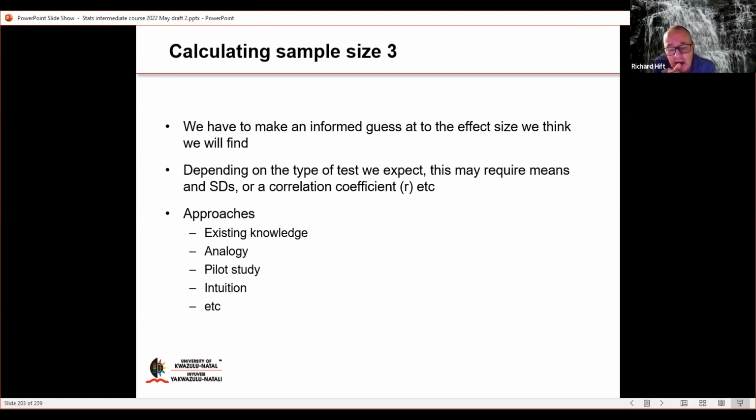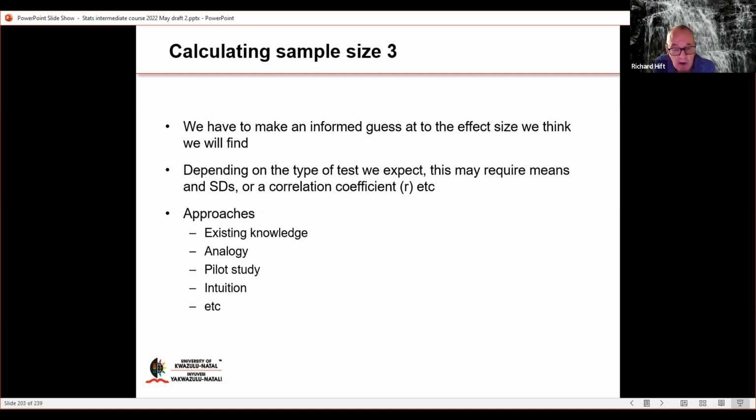From everything I know, I think it will be reasonable that we will probably see a difference of about 4 months. Of course, as your study proceeds and your results start coming in, you will get confirmation of whether your initial guess was correct or not.